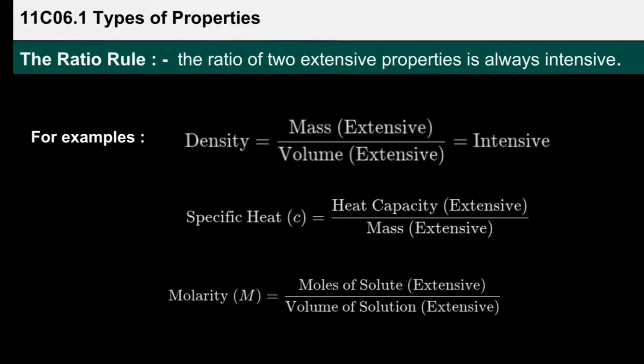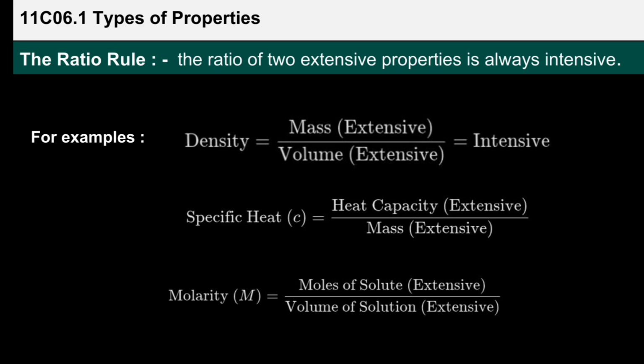So next is the ratio rule. What is the ratio rule? The ratio of two extensive properties is always an intensive property. For example, density is equal to mass upon volume, where density is an intensive property and mass and volume are extensive properties. The other examples of ratio rule are specific heat capacity and molarity.